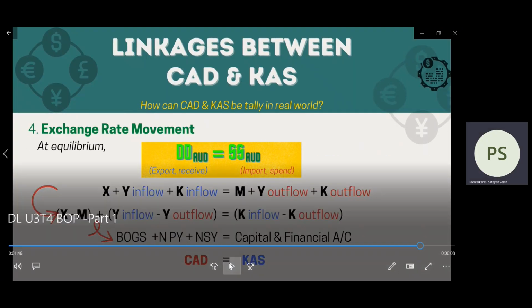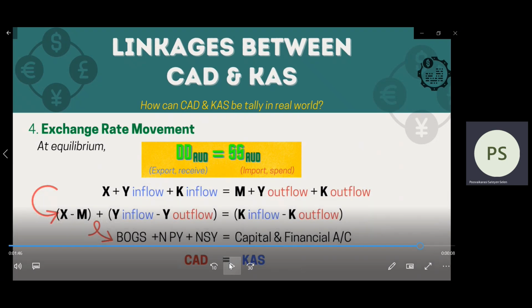Okay, so here what you're looking at is exchange rate movement. For our exchange rate, we have demand for our currency, and it also relates to supply of our currency. That means DD here is demand for AUD, SS reflects supply of AUD.